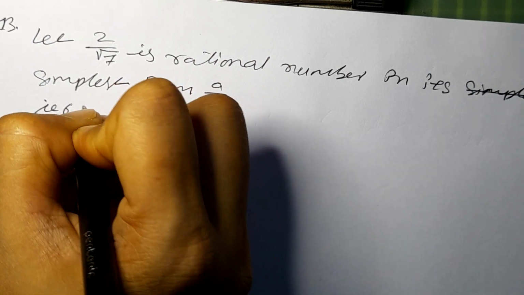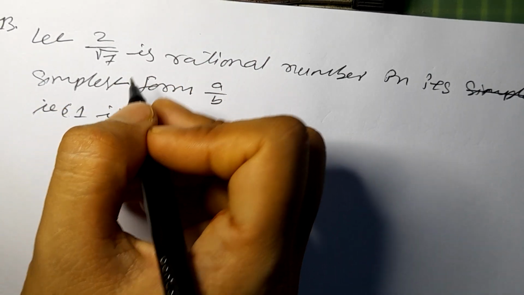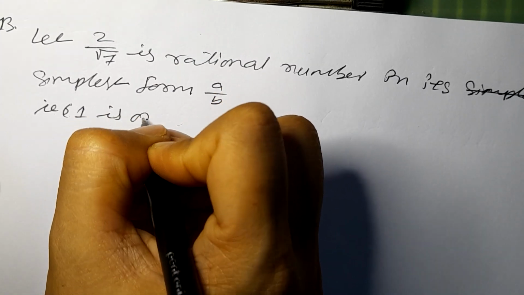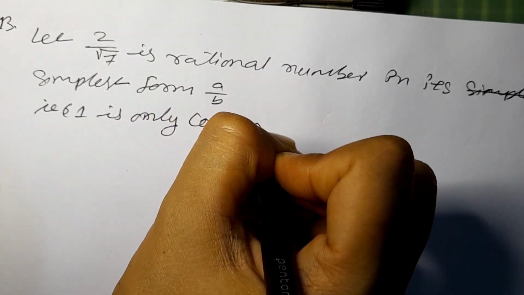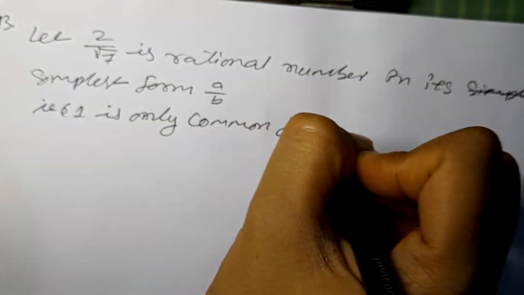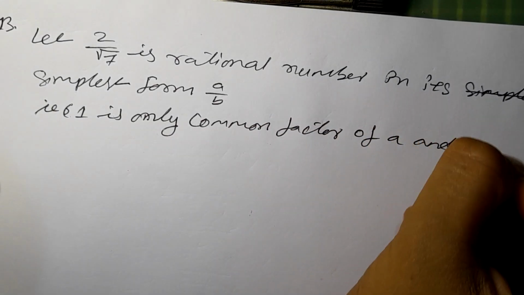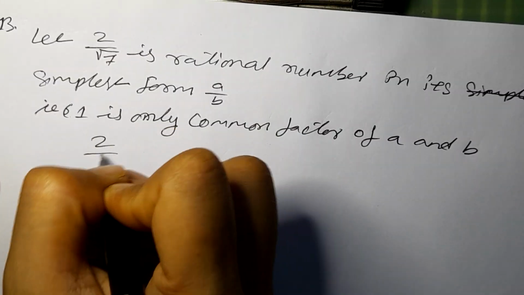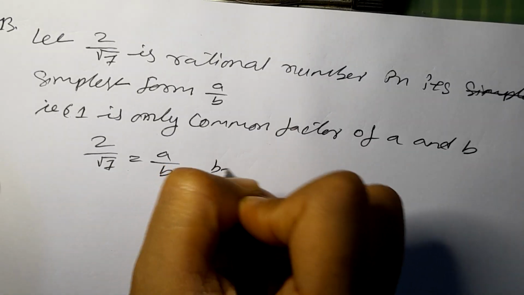You will write that 1 is the only common factor of a and b. So 2 by root 7 is equal to a by b, b does not equal 0.